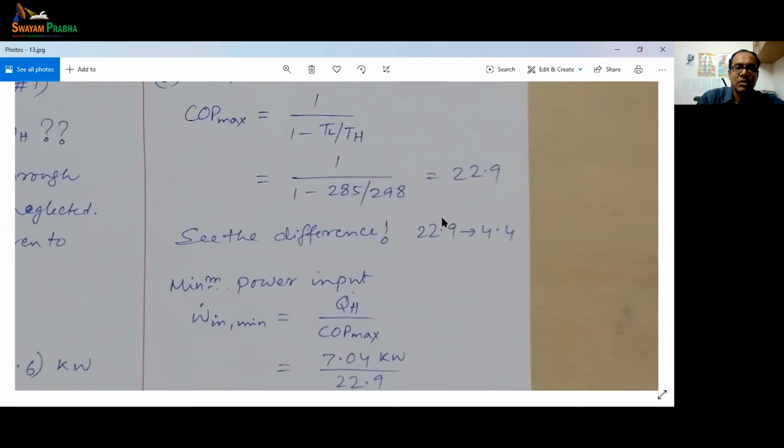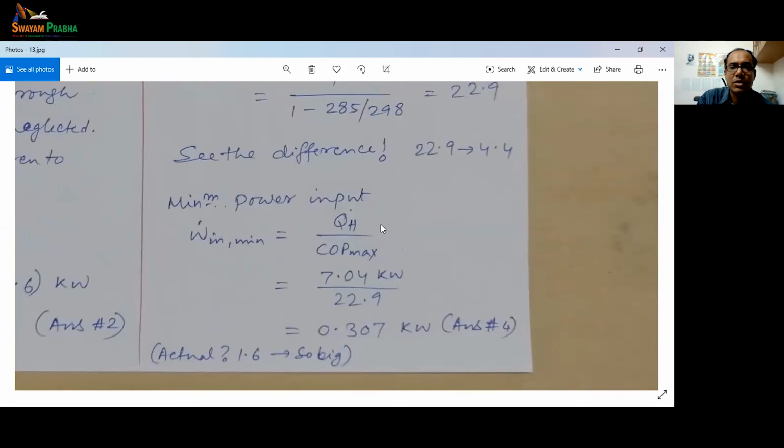To get the minimum power input, we have to find the COP max, which is the Carnot COP. So the minimum work input will be the heat output that you require divided by the maximum COP, that's 22.9. The heat output is the same, 7.04 kilowatt.